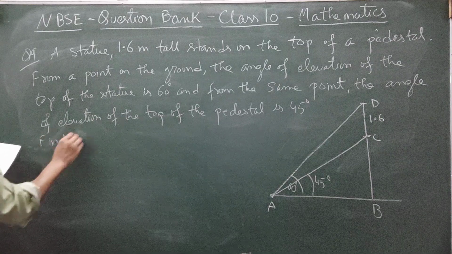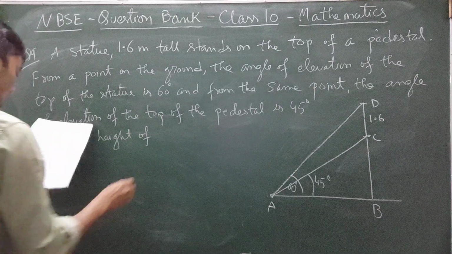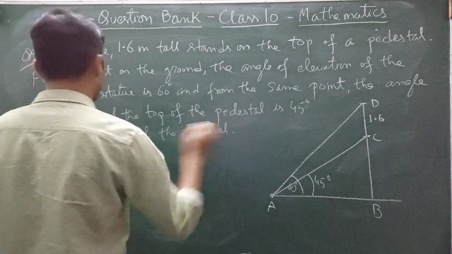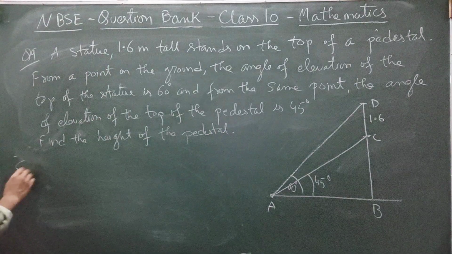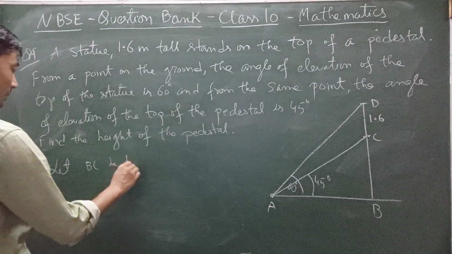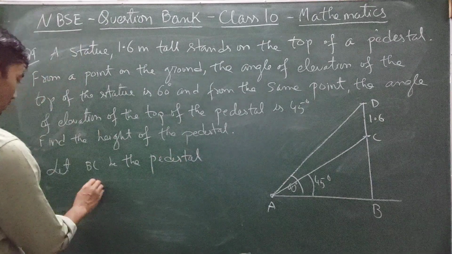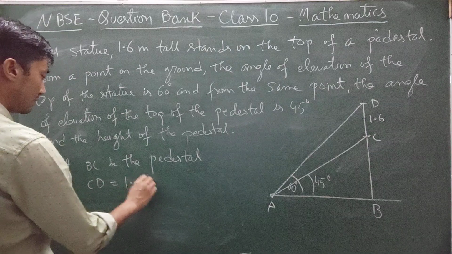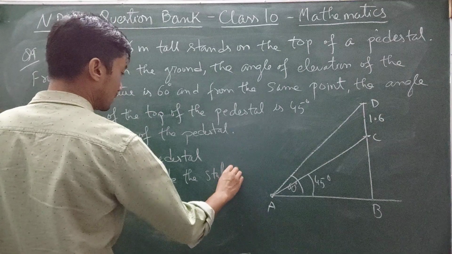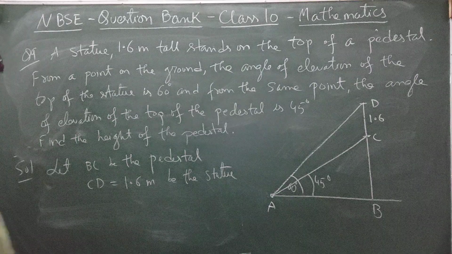Find the height of the pedestal. Solution: let BC be the pedestal, CD, which is 1.6 meter, be the height of the statue. I'm just writing it in short. That should be enough, no need to explain too many things.